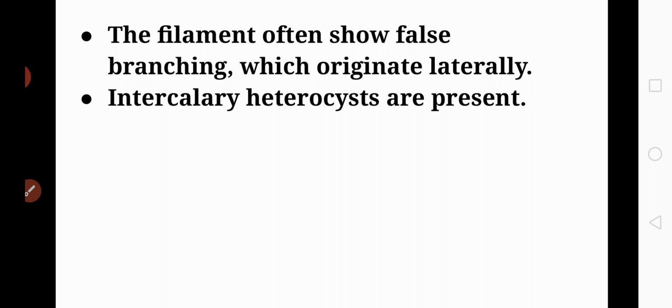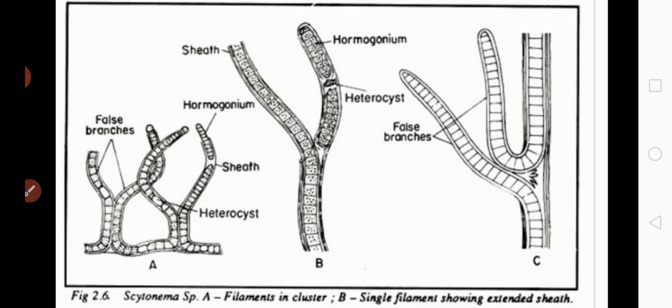The filament often shows false branching which originates laterally, and here intercalary heterocysts are present.